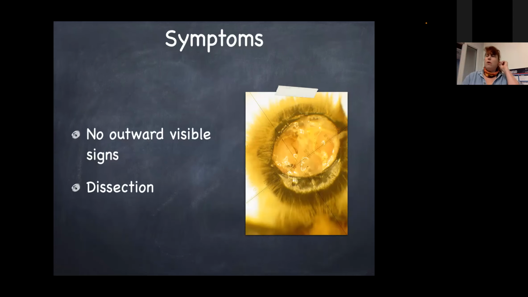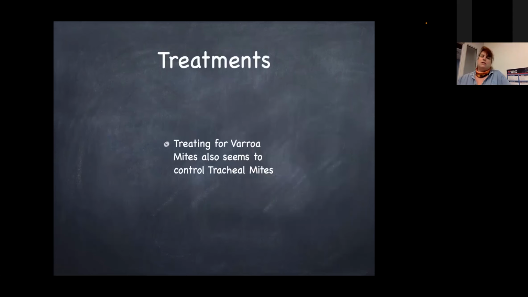There are some great microscopy workshops at some of the state meetings that are really fun, and they always have you do the dissection to look for the tracheas. But the good news is the treatments we're using for Varroa mites also work on tracheal mites. So if you're taking care of your Varroa mites, you'll probably never have to worry about tracheal mites. It's good to know that they're there, but it used to be a major problem, and now it's not.